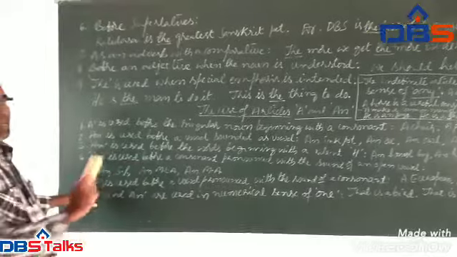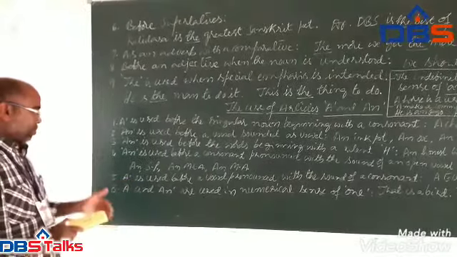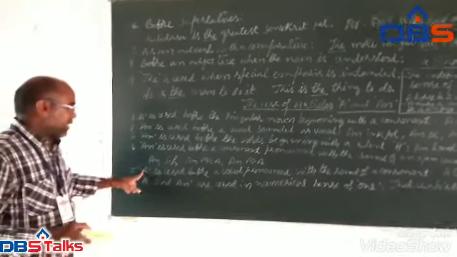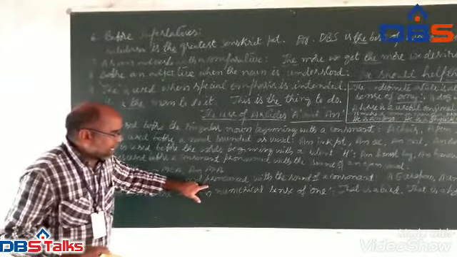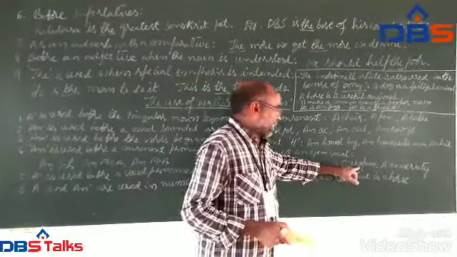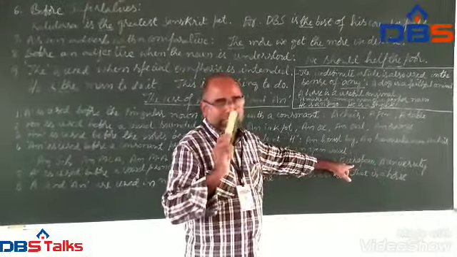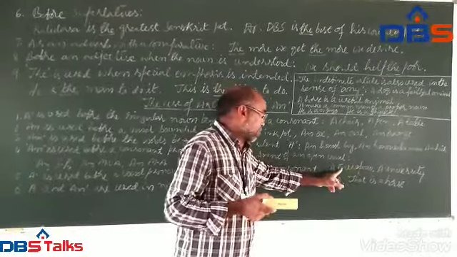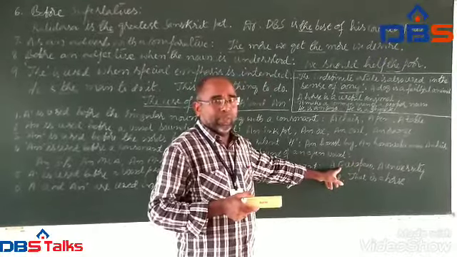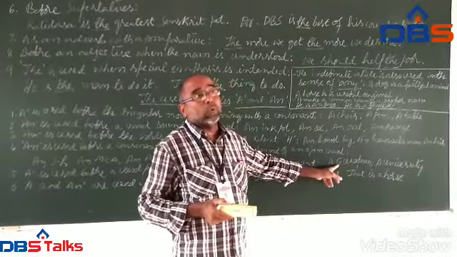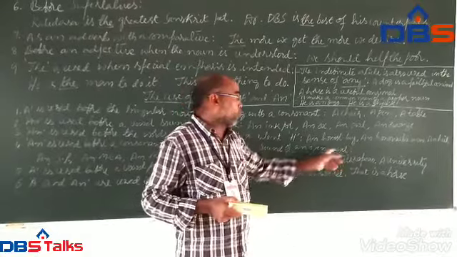Next example, we use a before a vowel pronounced with the sound of a consonant. See, very slight modification here. The indefinite article a is used before a vowel pronounced with the sound of a consonant. Actually, here the word is European. For example, try to understand, my dear students, very carefully. Even though the word begins with the vowel E, here it sounds as "Yuropean".